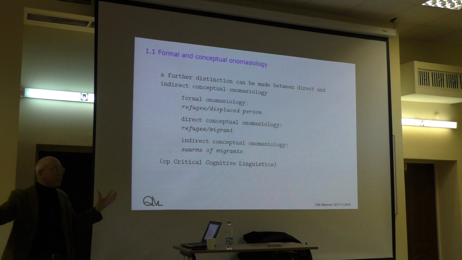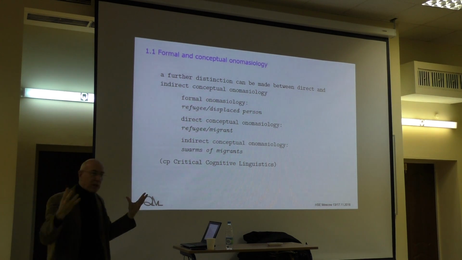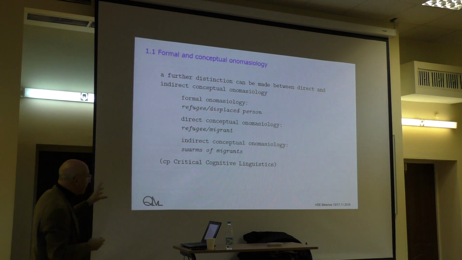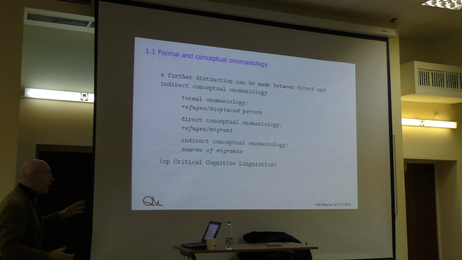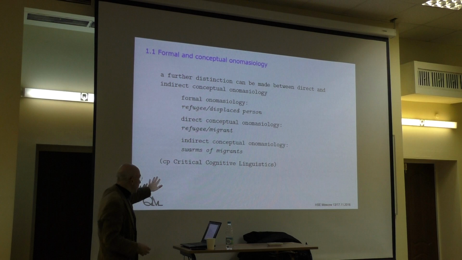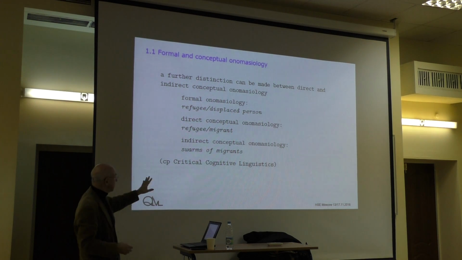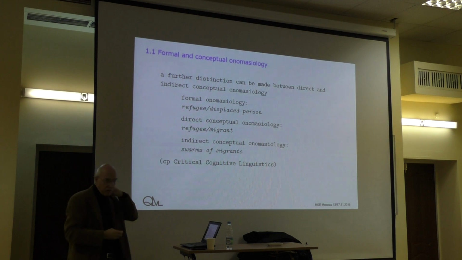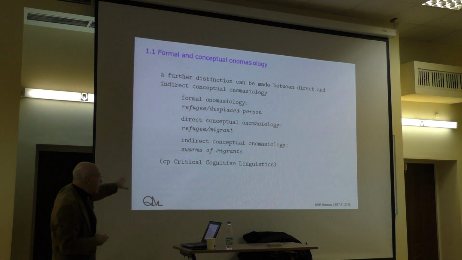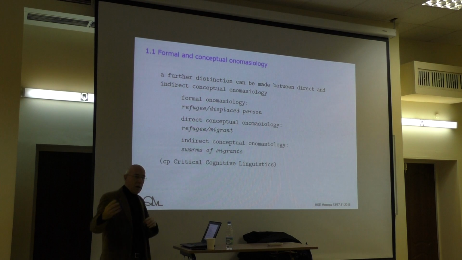That's evoked by the notion of swarm. So if we think about onomasiology in terms of conceptual construal, then we should also take into account the indirect forms of construals. And then we get into terrain that is to some extent that of critical linguistics, critical discourse linguistics, and related approaches. So I will also be saying something about that after the break.